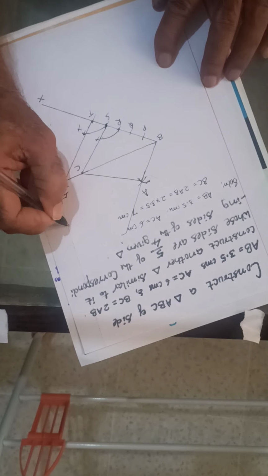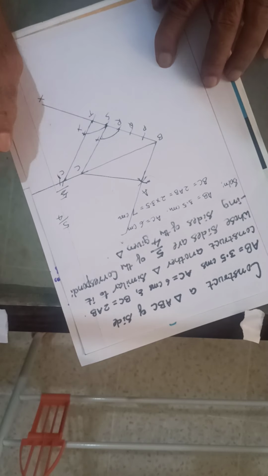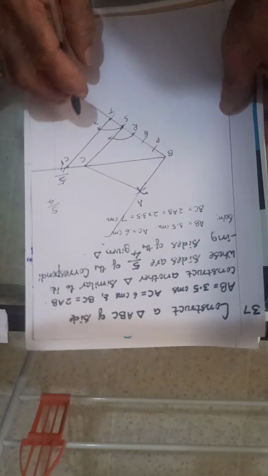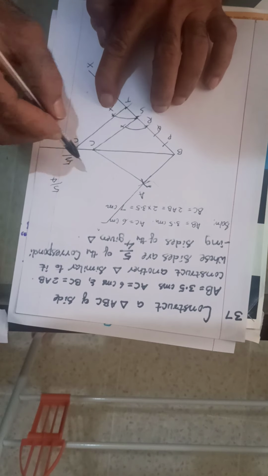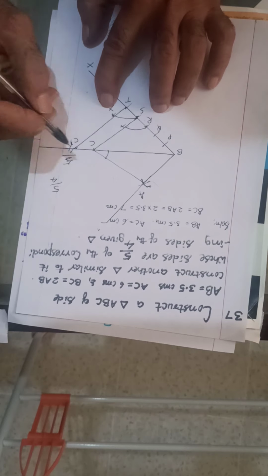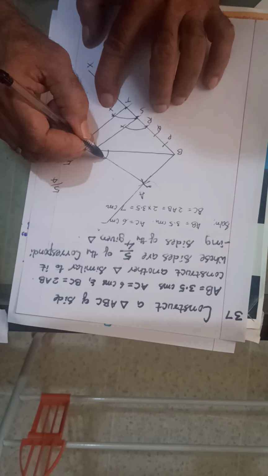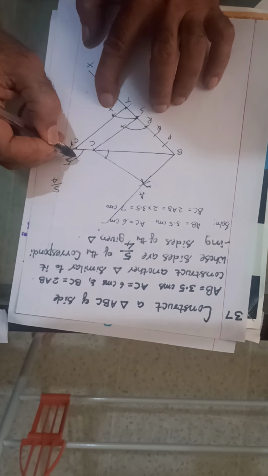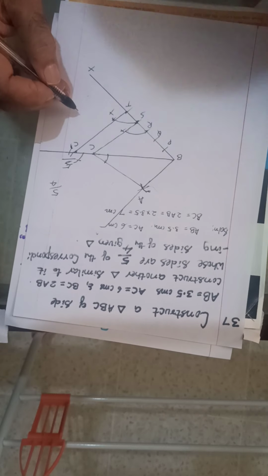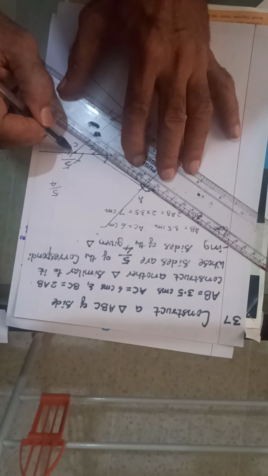I will write here 5/4. Now from C dash, you have to draw another parallel, that is to CA. Take a convenient radius, draw an arc, take this as the radius, cut that arc and join it. You will get another line parallel to it.